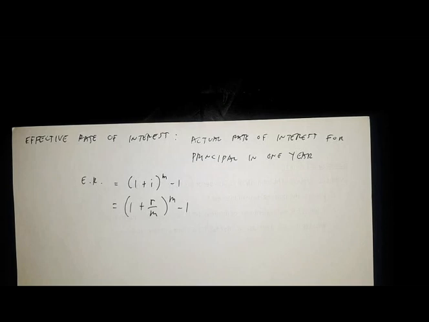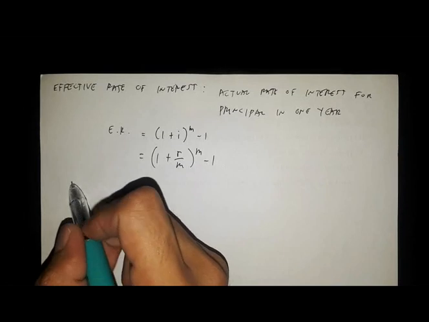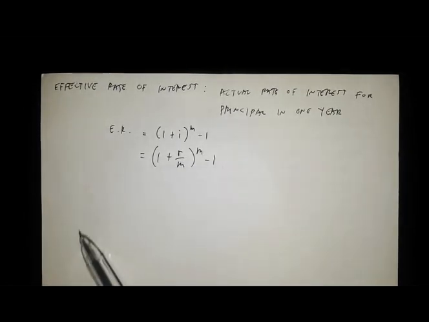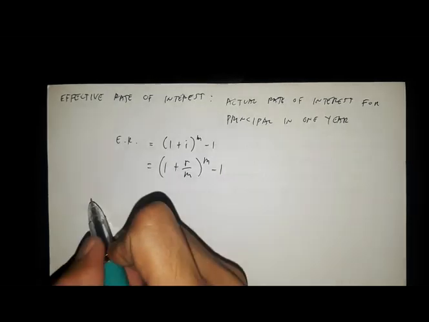So we have something to remember: for 2 or more nominal rates to be equivalent, their corresponding effective rates must be equal. Example, if we convert quarterly to monthly, we equate their effective rates.